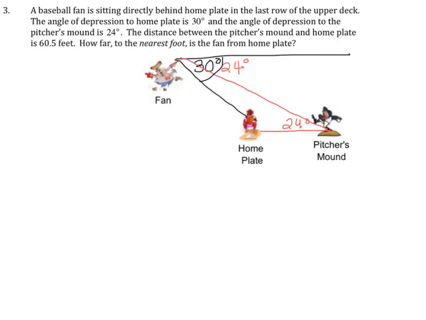The distance between the pitcher's mound and home plate is 60.5 feet. How far to the nearest foot is the fan from home plate? So this is x. So we're looking for the side, x, and the angle across from it is 24 degrees.